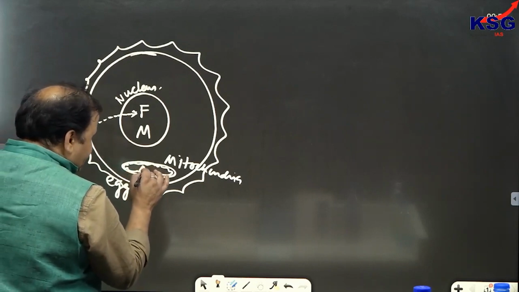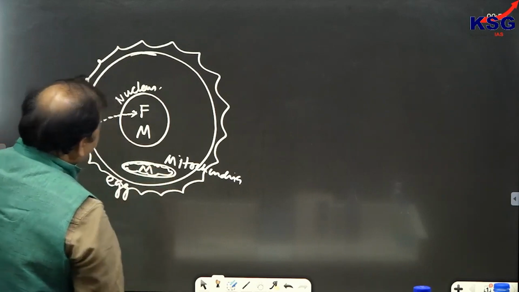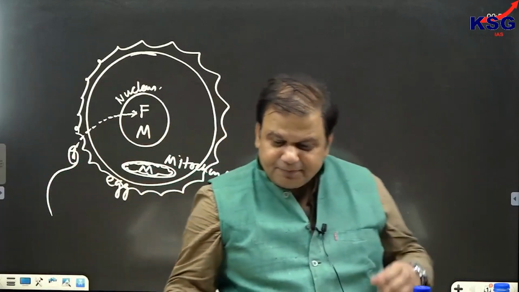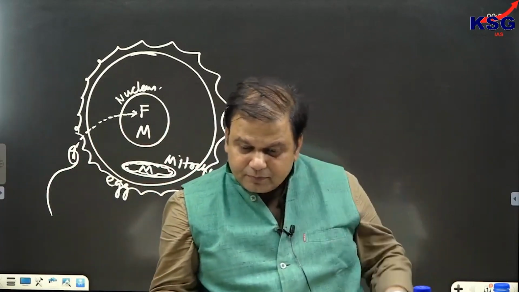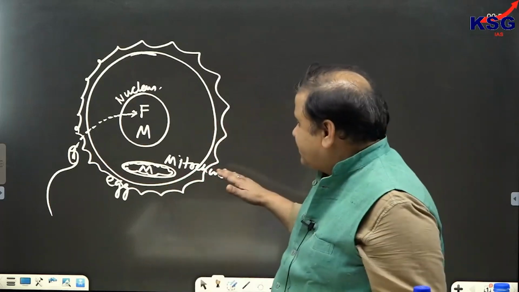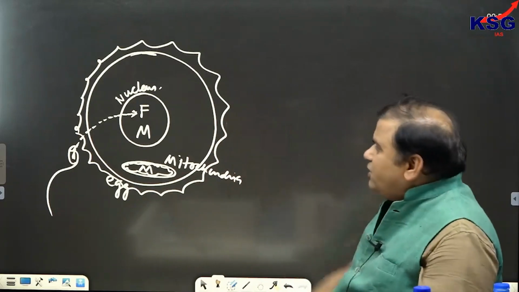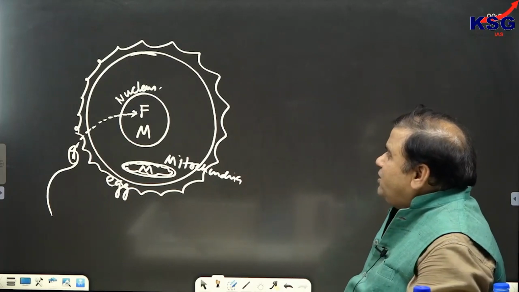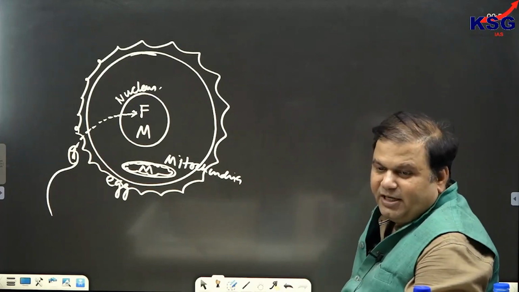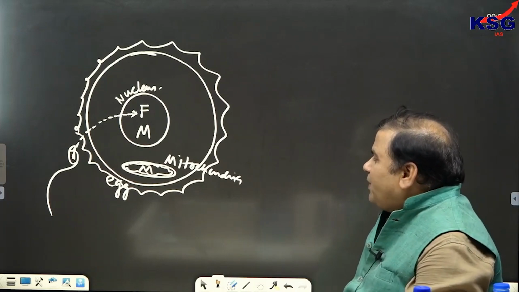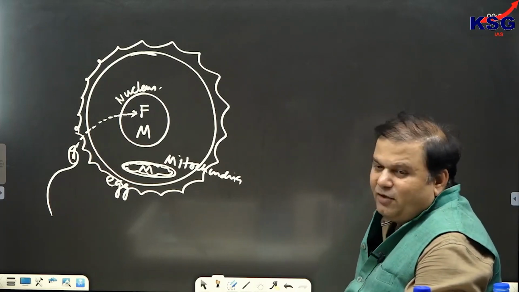So the DNA present in mitochondria is of the mother. The DNA coming from the sperm reaches only the nucleus of the egg. It never reaches the mitochondria.